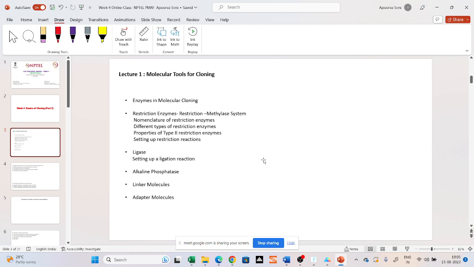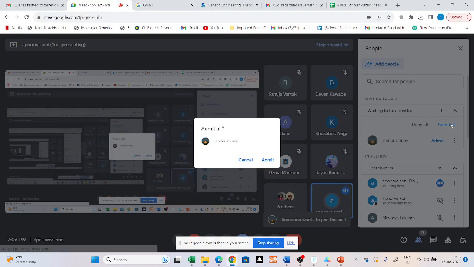So we'll have a quick recap, and then I'll do the calculations so that you can have hands-on experience of how to set up a reaction. And again, like we did in the last class, whatever topics you could not understand, we'll discuss those topics also. Okay, so let's start with the questions first.